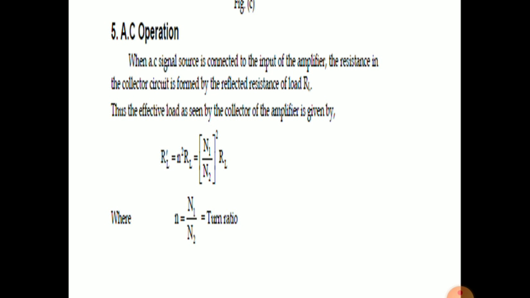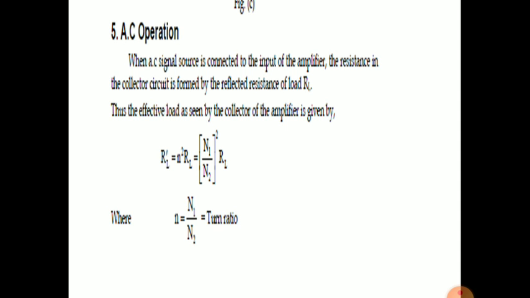Now the AC operation. When an AC signal source is connected to the input of the amplifier, the resistance in the collector circuit is formed by the reflected load resistance, RL dash.